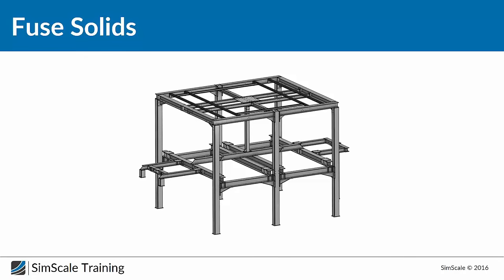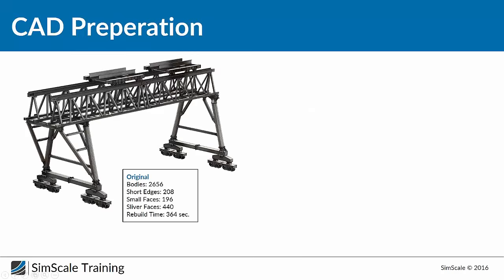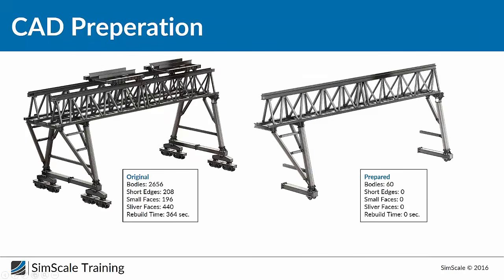It's fusing solids. For example, in this case, when we're not interested in the joints between these parts, just fuse everything to one single solid. And yes, again, following these ideas allowed us to massively reduce the model complexity and was the first very important step towards a successful simulation.